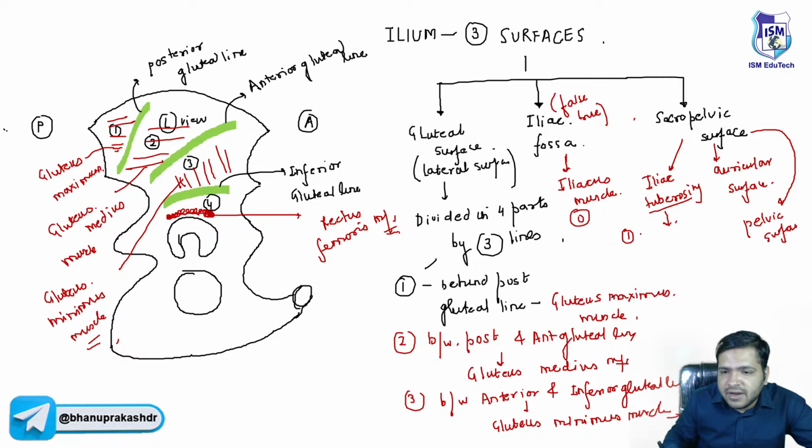Yeah, we have ligaments over here, that is the interosseous sacroiliac ligament. Now when I say sacroiliac ligament beta, it is between the sacrum and the iliac bone, okay, the ilium bone.